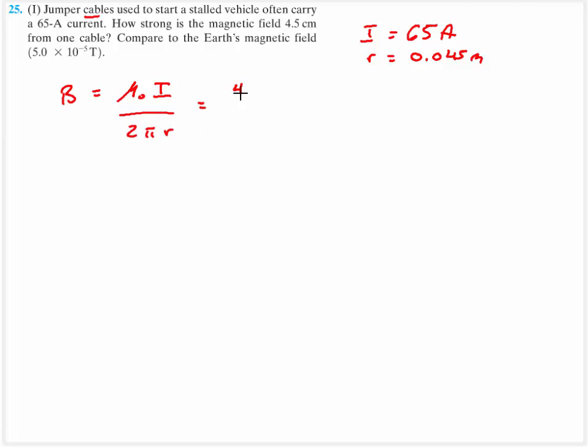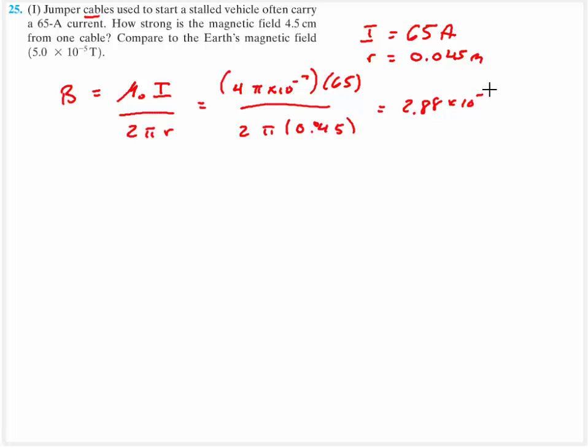So mu naught, permeability of free space, 4 pi times 10 to the negative 7th. Got my current, 65 amps. Divide that by 2 pi and the radius, 0.045. And that's going to come out to be 2.88 times 10 to the negative 4 Tesla.